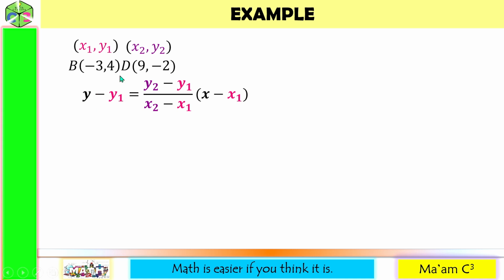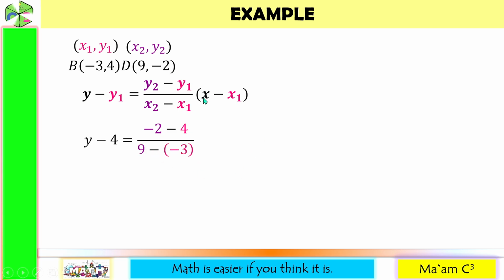Now let us substitute y minus y sub 1. Our y sub 1 is 4, so we have y minus 4. y sub 2 is negative 2 minus y sub 1 is 4, so we have negative 2 minus 4. x sub 2 is 9 minus x sub 1, which is negative 3, so this will become 9 minus negative 3. Be careful with the signs.